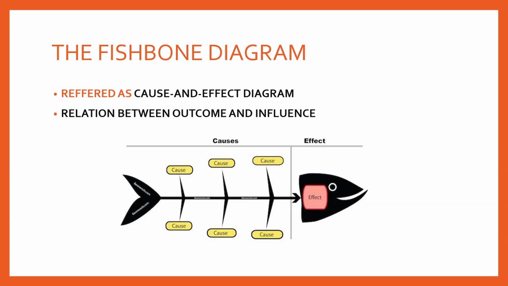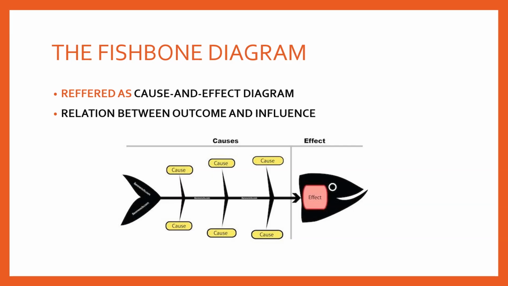So let us see how the fishbone diagram is effective between the outcome and the influence. Outcome is the product and influence is the different kinds of processes. Like a garment is the product or the outcome, and who are the influencers in this?